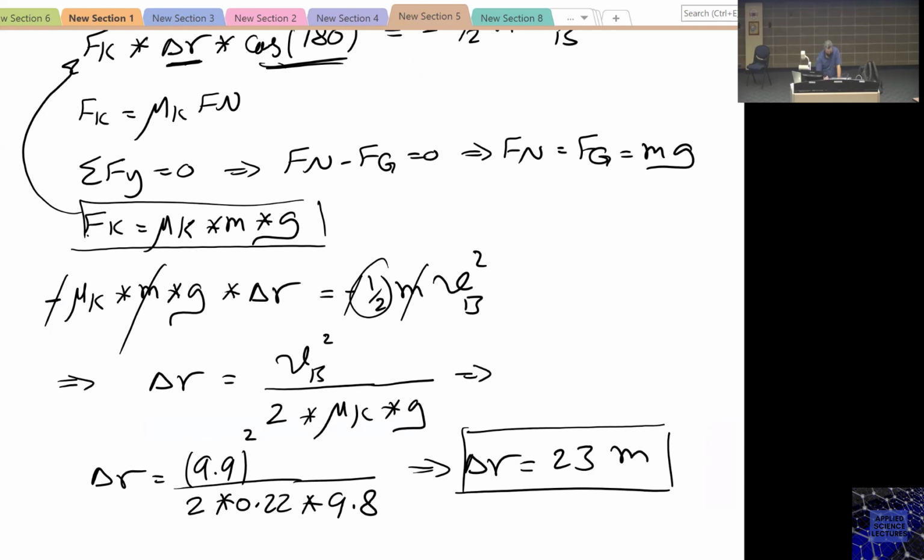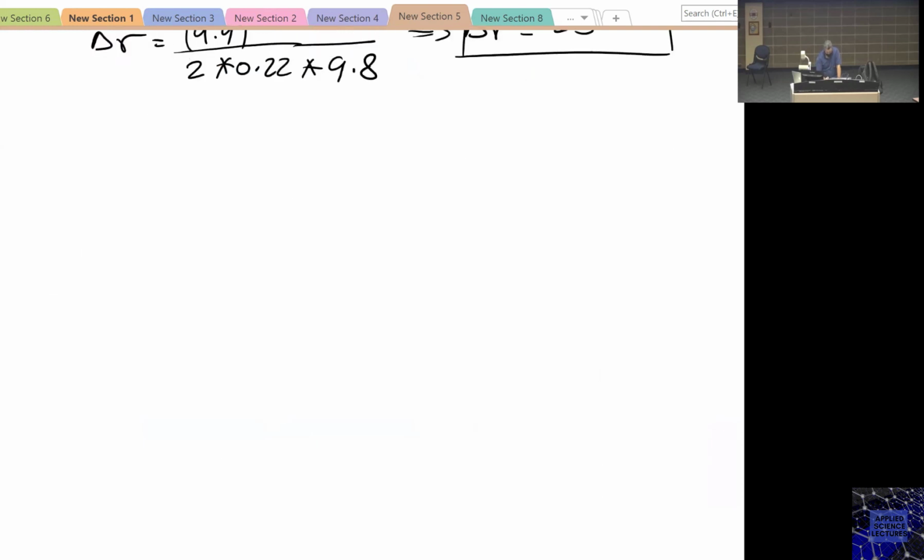we will start with the free body diagram for this penguin. Now, this penguin has a gravitational force, normal force, kinetic frictional force.